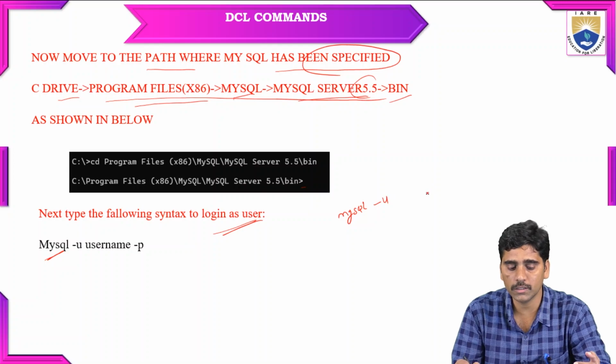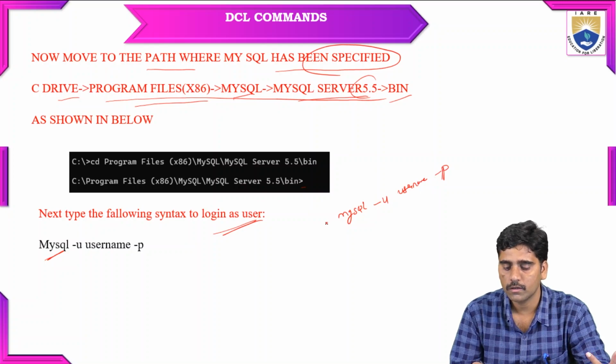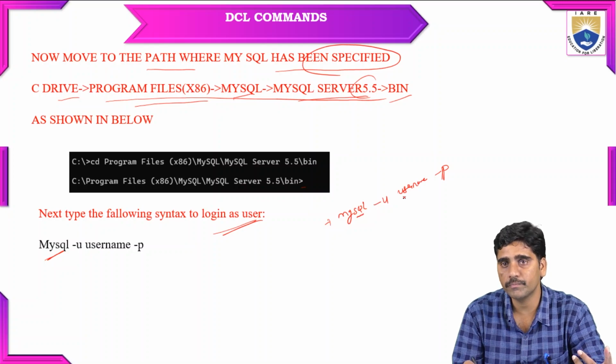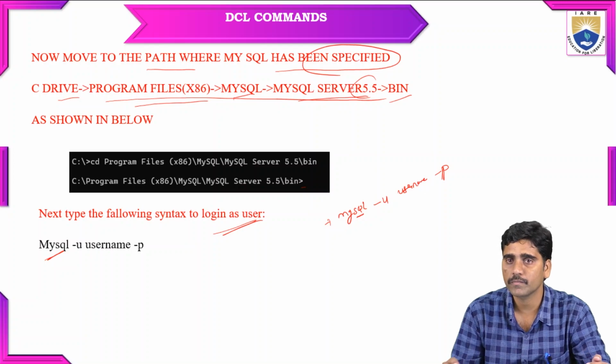Type mysql space -u space username space -p. The -u indicates the username, and here you need to specify exactly which username. The -p indicates the password. So this indicates that I am accessing the MySQL server by providing the username and password, with the privileges granted by the administrator.